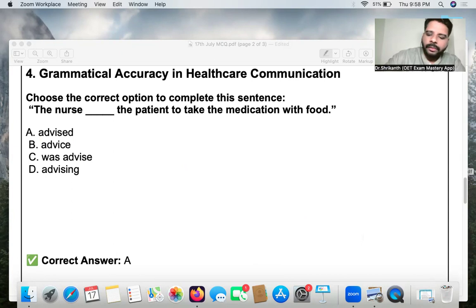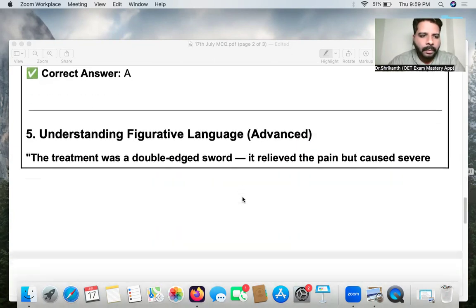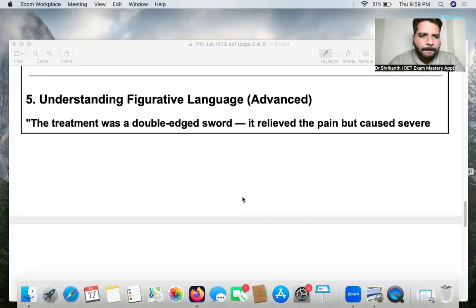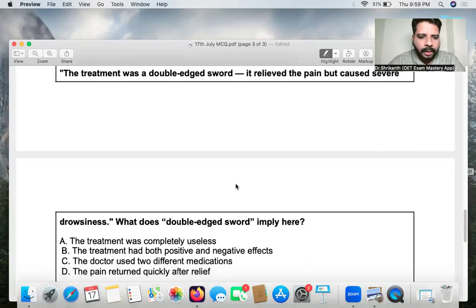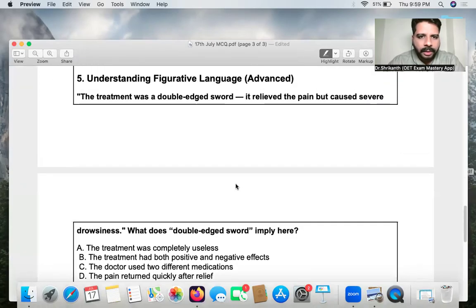Now let's go to the very fifth question over here. Here the question is understanding figurative language, which is the opposite of literal language. Anyway, here the statement is this: the treatment was a double-edged sword.